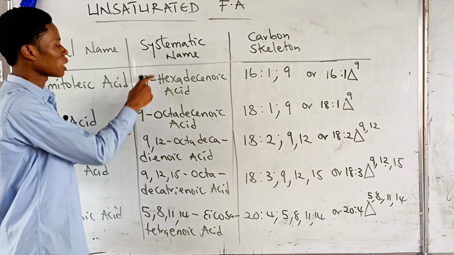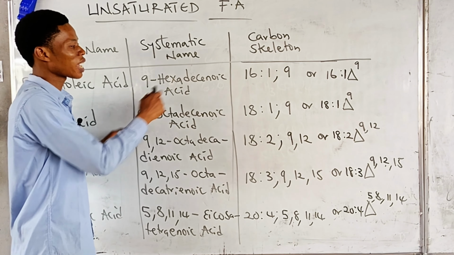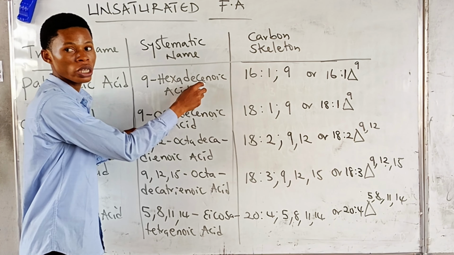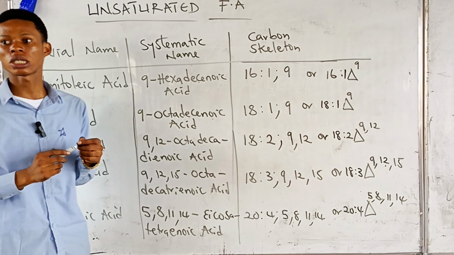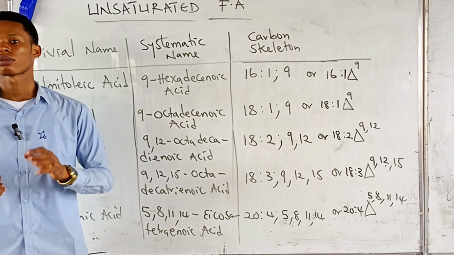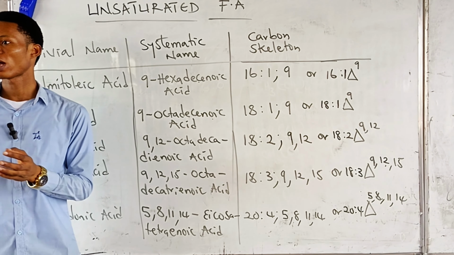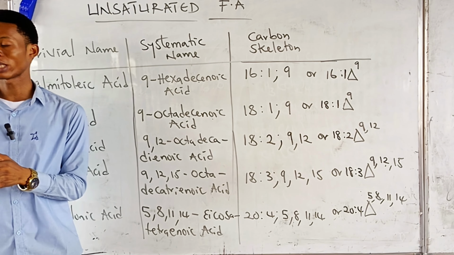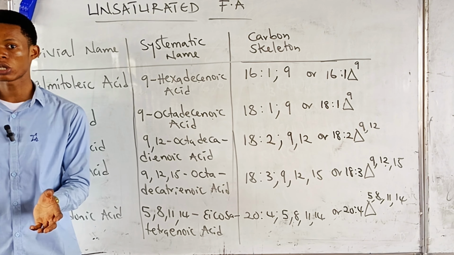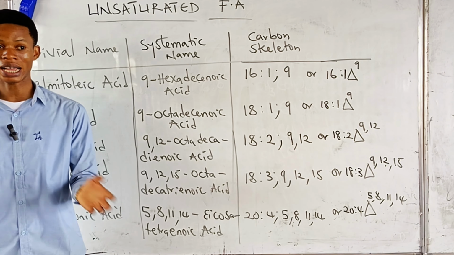Now, the systematic name is 9-hexadecenoic, not hexadecanoic again, because now unsaturation is here. Remember, the saturated compounds are alkanes, right? Unsaturated with a double bond, alkene, is it not? Triple bond, alkyne.